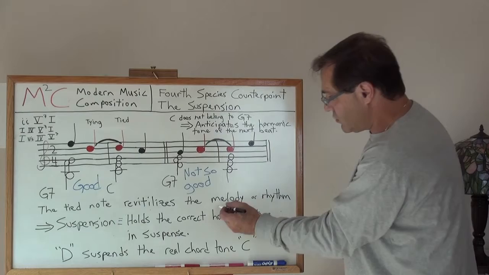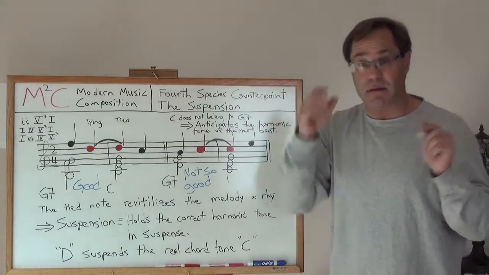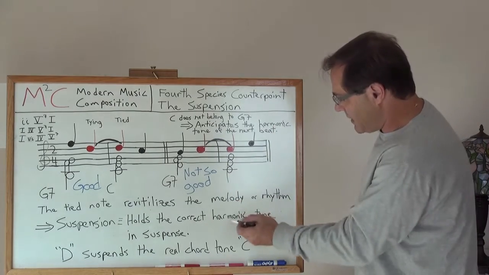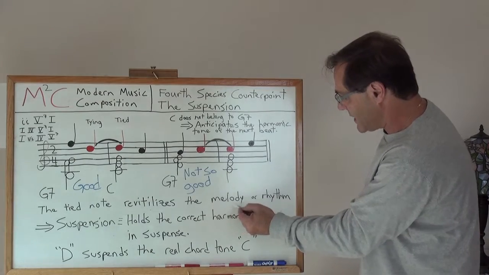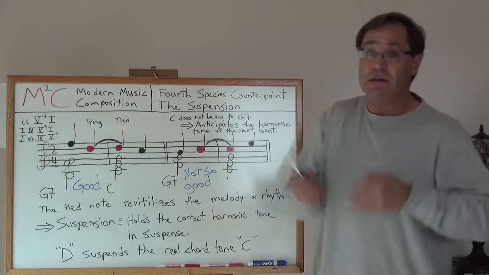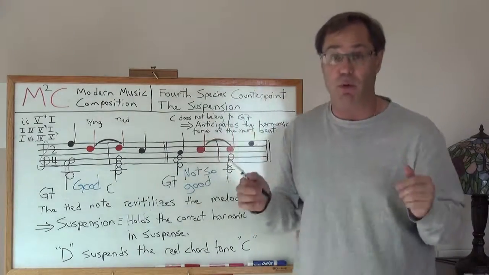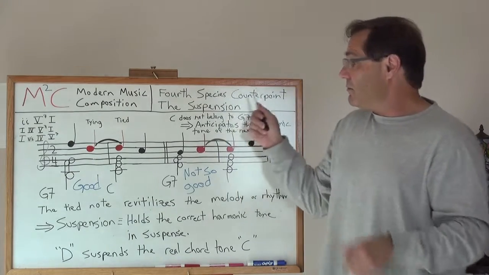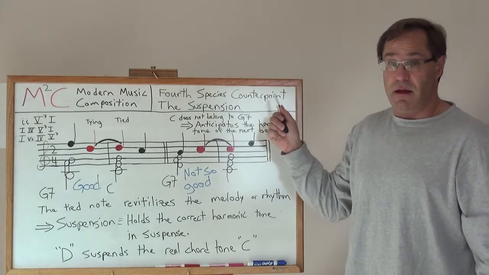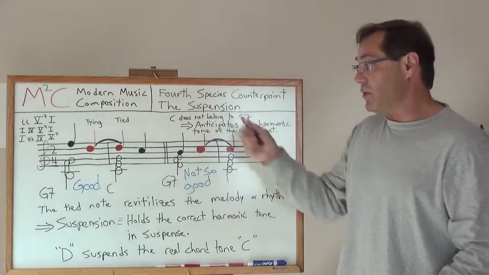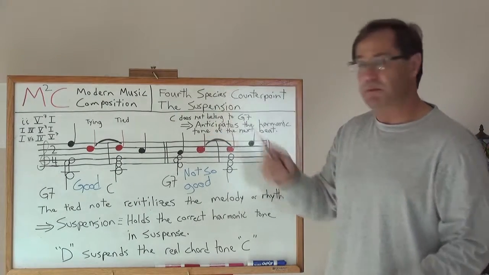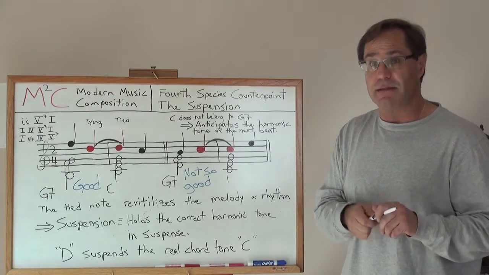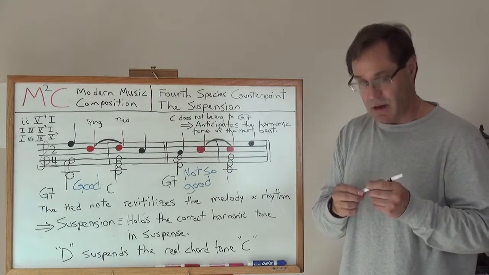Okay, and that creates this energy that we talked about in the previous video, and how we want to kind of disrupt the melody and the rhythm so we can get a sense of motion forward. Well, if you understand the underlying nature of this counterpoint, and in particular the four species counterpoint, it's going to be very, very helpful to your compositions.